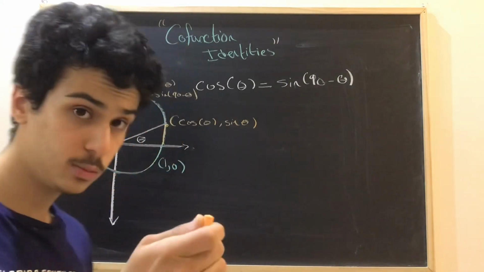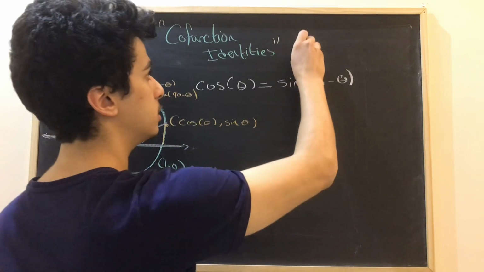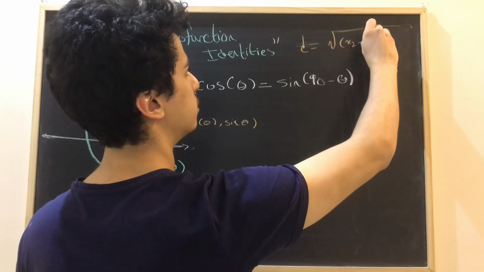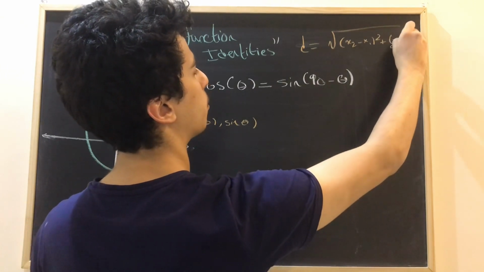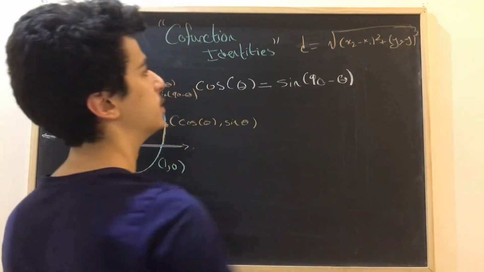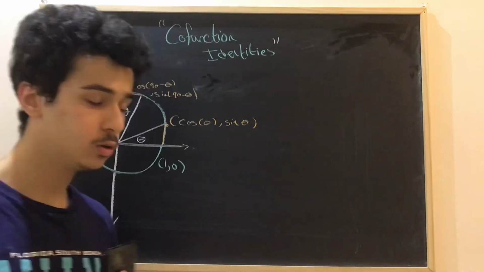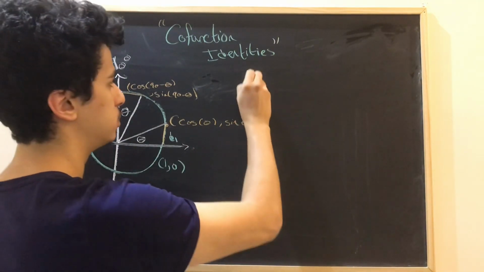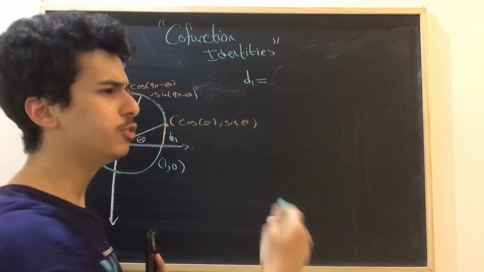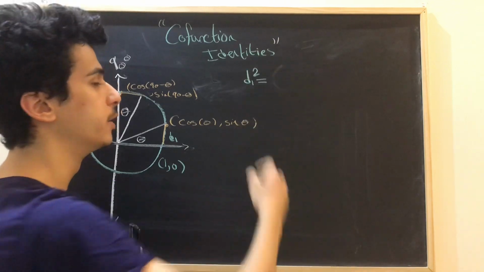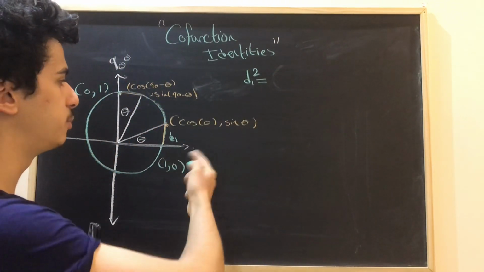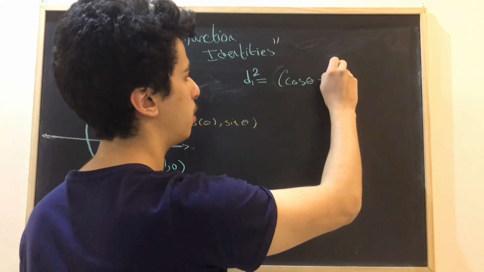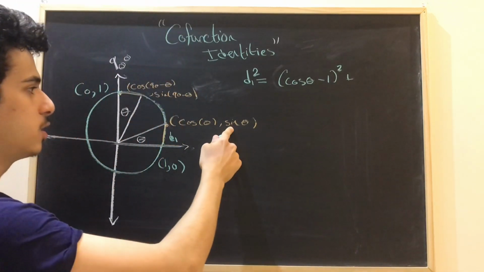How do we get the distance? If you remember, the distance formula says that d is equal to the square root of (x2 minus x1) squared plus (y2 minus y1) all squared. It's not very clear, but we're gonna put it to use right now. Okay, so for the first distance, I'll call it d1. I'm gonna remove the square root by squaring both sides, so we'll have d1 squared is equal to x2 minus x1, meaning cosine theta minus 1, all squared, plus sine theta minus 0.